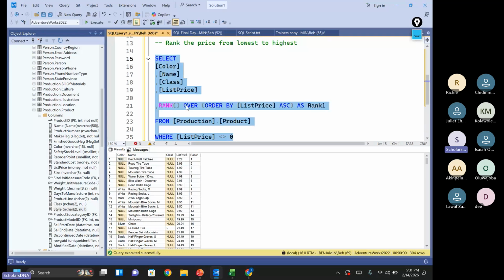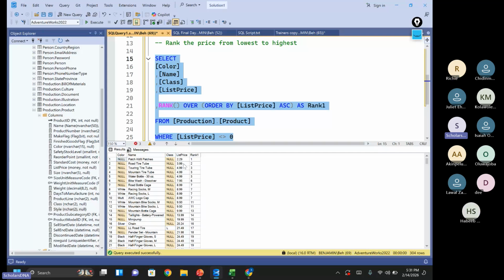If I ask what is the lowest price that is not 0? The lowest price in this entire business is kick patches, sold for $2.29, and it is number 1. So this is the least ranked product in terms of its list price in the company.